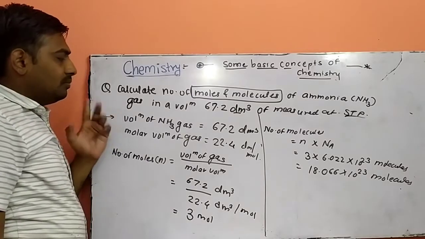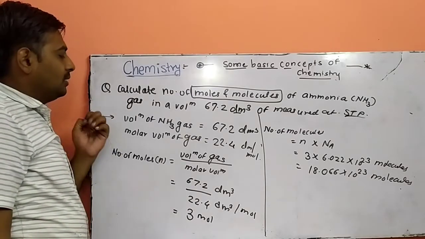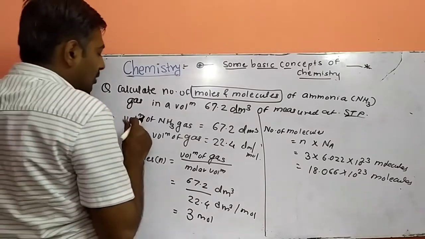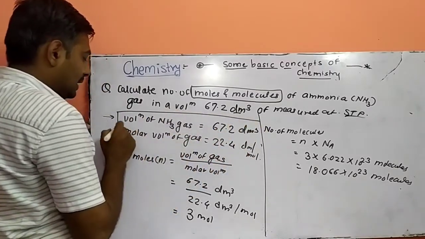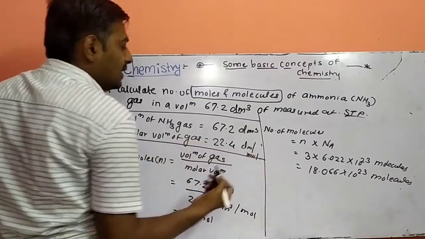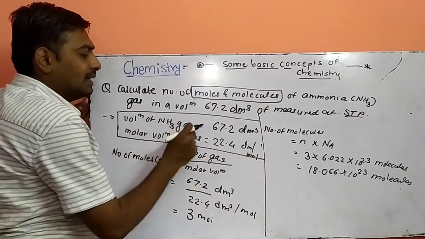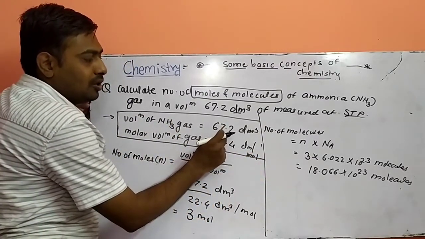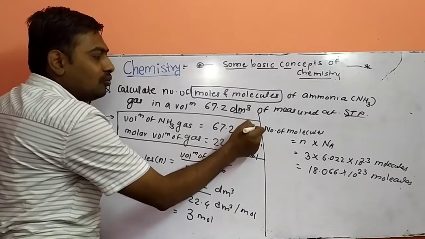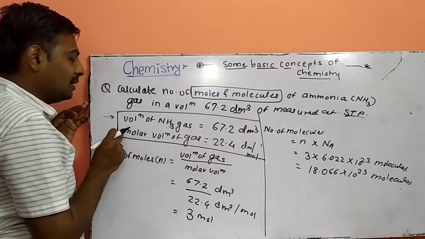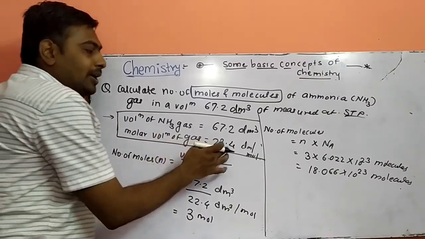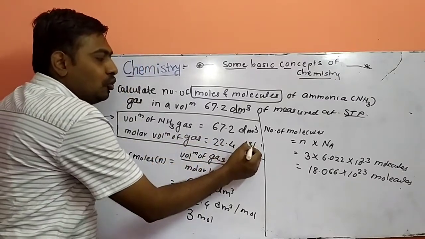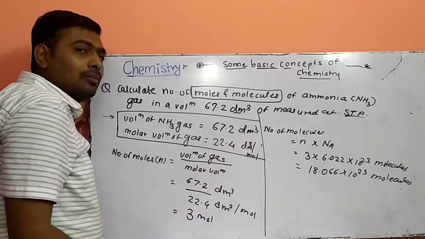So let's solve the numerical. This is our given data. Volume of NH3 gas is 67.2 decimeter cube. And we know the molar volume of gas is 22.4 decimeter cube per mole.